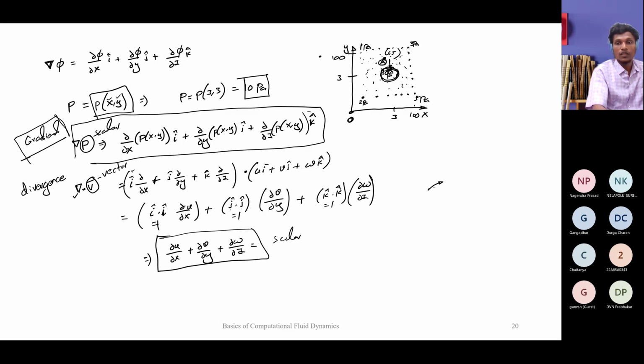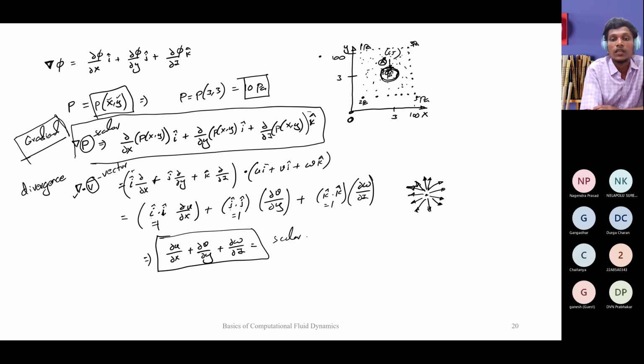If you have a flow field that has velocity vectors, suppose I am generating the velocity vectors like this, the dot product will give you this scalar value.